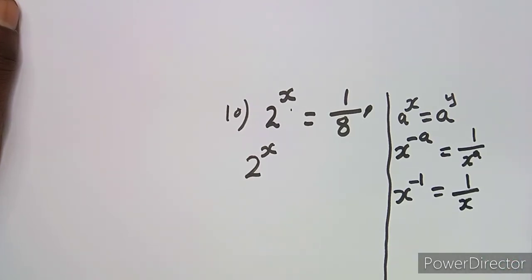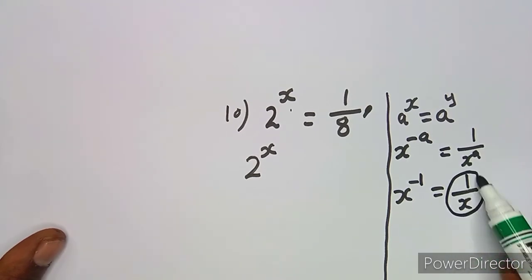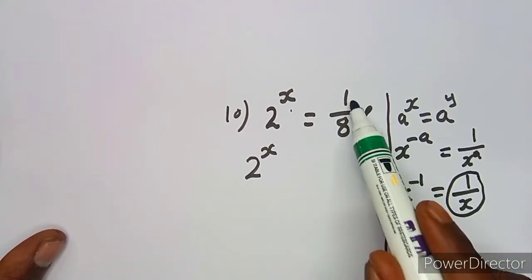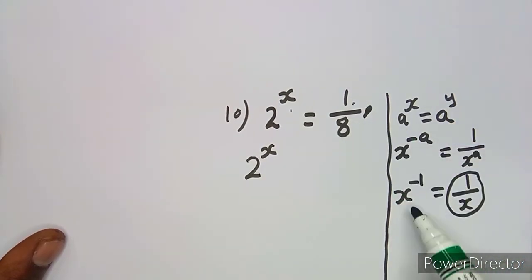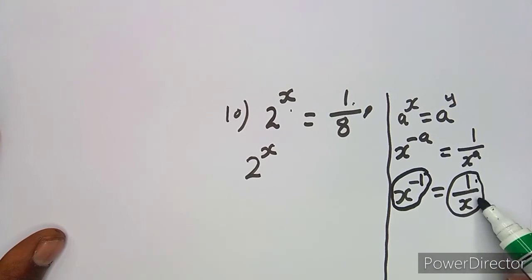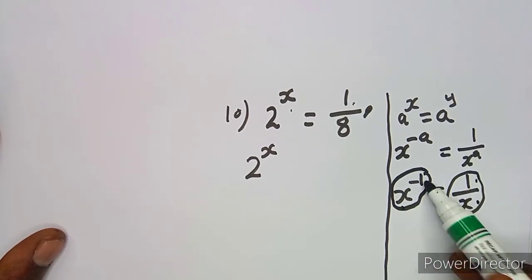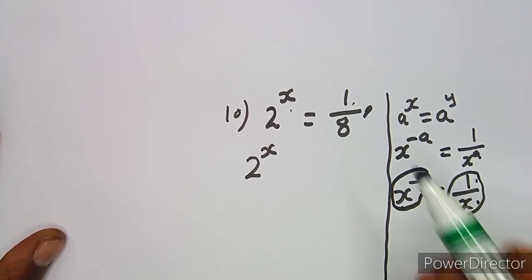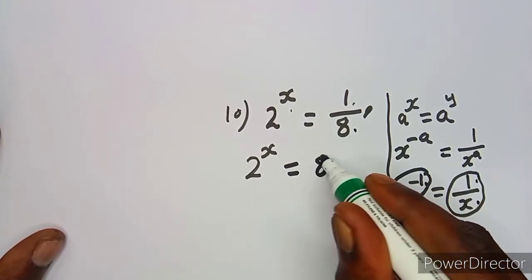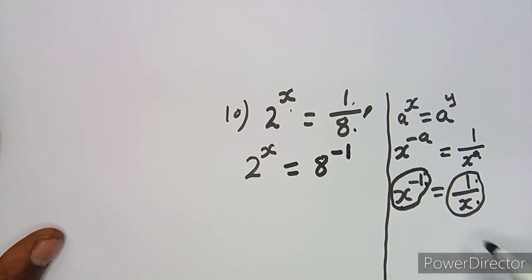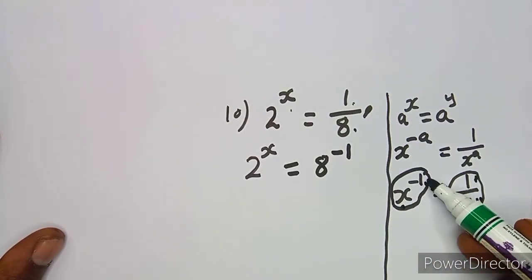So if this is the case, guys, we've got 1/x here, which is the same as 1/8. So I am having this from 1/x to x to the exponent of -1, and I can do the same. This is my x, which is 8. So it's going to be 8 to the exponent of -1. Just vice versa, 1/x, x to the exponent of -1.